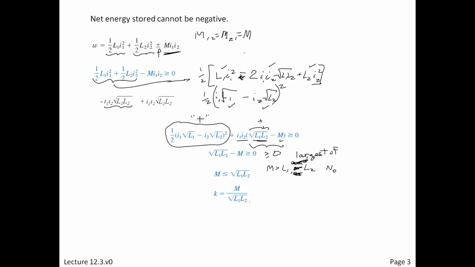We define now a coefficient of coupling K. Call that the coefficient of coupling, and it's just expressing the ratio, right? And what it tells you is that K is always less than or equal to 1.